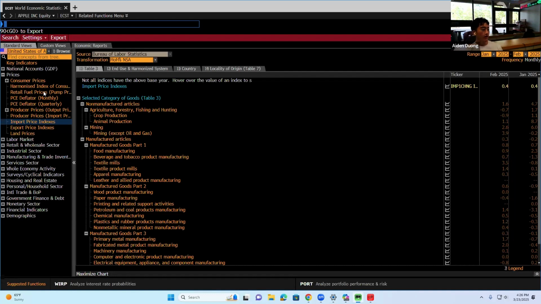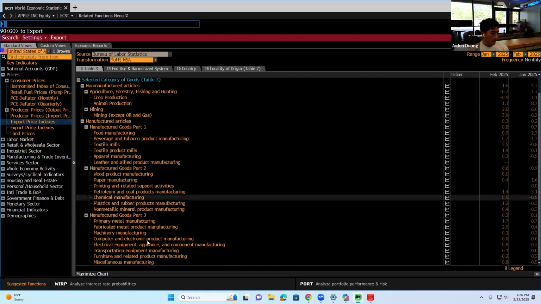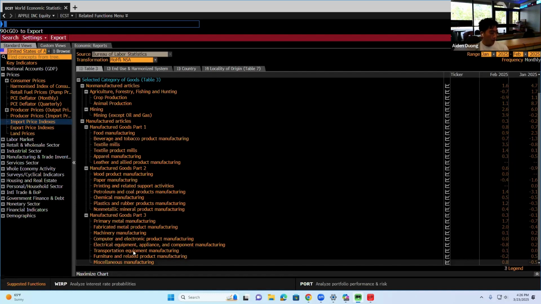But in this case, since we're mainly focused on the effects on the United States, we can look at import price indexes. I'm on there right now under prices. You just scroll down through here and find specifically what we're looking for.